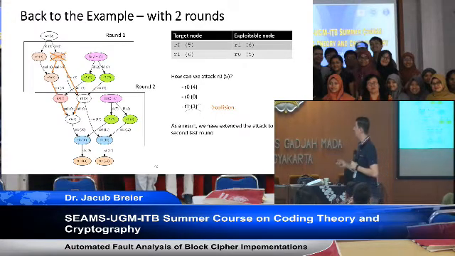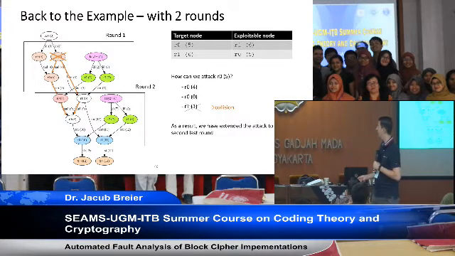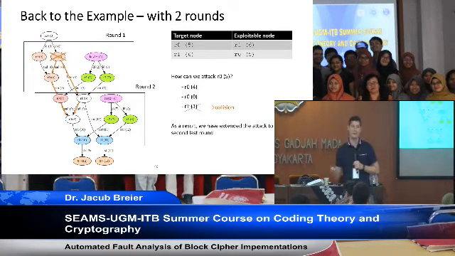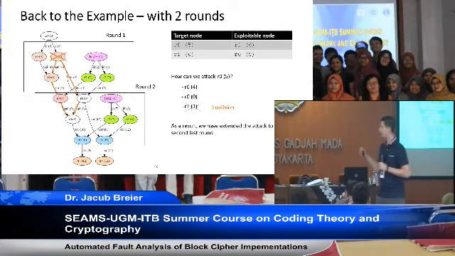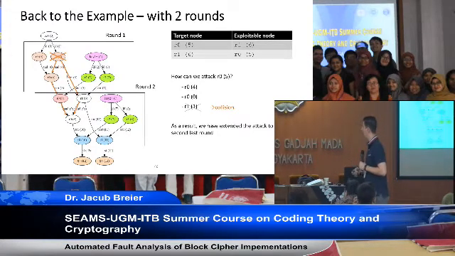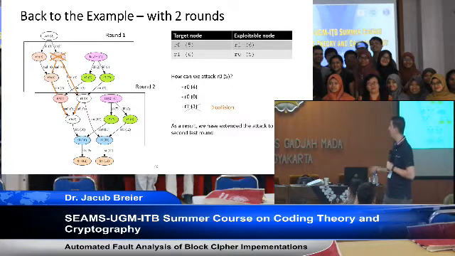And this causes a collision, because now, if we look at our known node, if we inject the fault into here, it will propagate to our known node through this path, and it will also propagate through this path. So this will prevent us to actually know what happened there and what kind of fault happened in each of the branches.